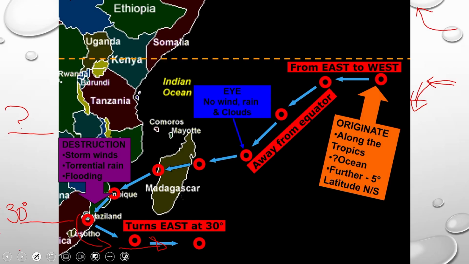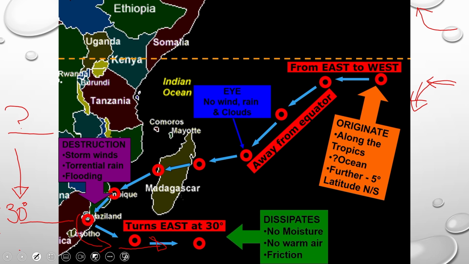Okay? Often you find that the latitudes that are higher there, being the tropics and so on, are much warmer. And as you move further down, the latitudes get cooler and cooler. The further away you move from the equator, the cooler it becomes. So in this area, there's a possibility that the tropical cyclone may dissipate, meaning it may decay and die, meaning it may come to the last stage of its life.